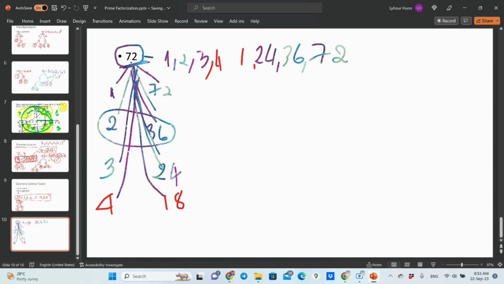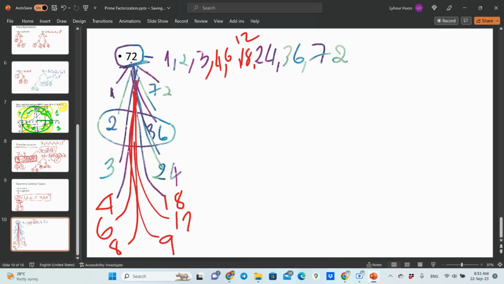It's definitely not divisible by 5 because it doesn't end with 0 or 5. Easy check. How about 6? It's 12 and 6. Okay, 6 and 12 is another pair. So we can put 6. And now it's 8 and 9. So you see, now it's meeting at one point, like 8 and 9.